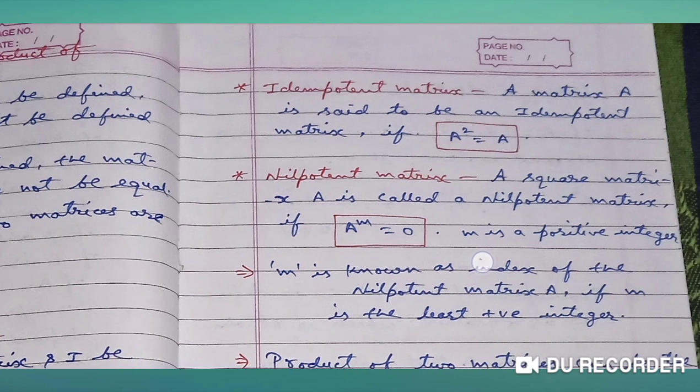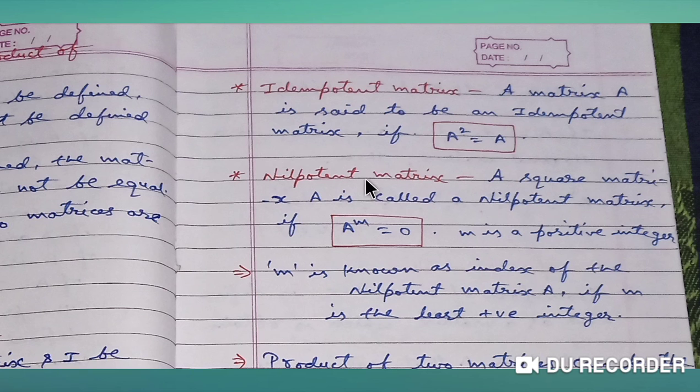Now there is another matrix, the nilpotent matrix. A square matrix A is called a nilpotent matrix if A to the power m is 0, where m is a positive integer. Here m is known as the index of the nilpotent matrix A if m is the least positive integer.